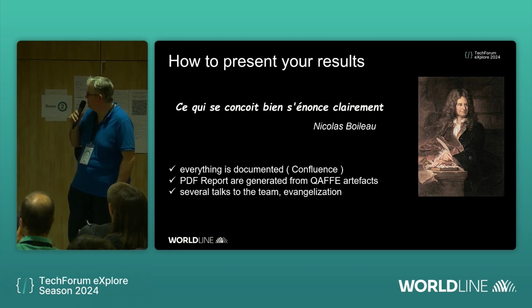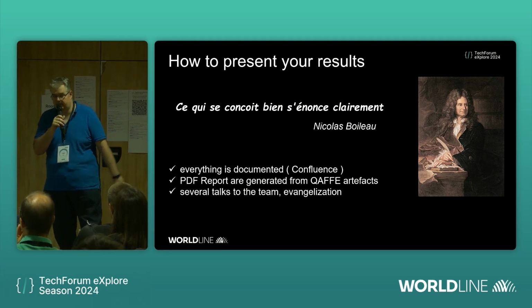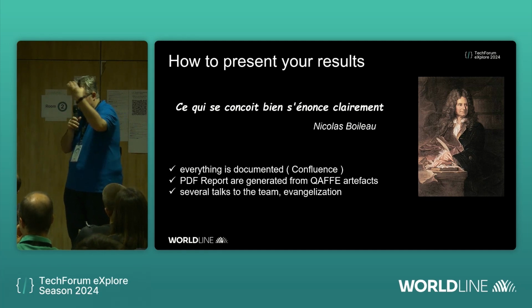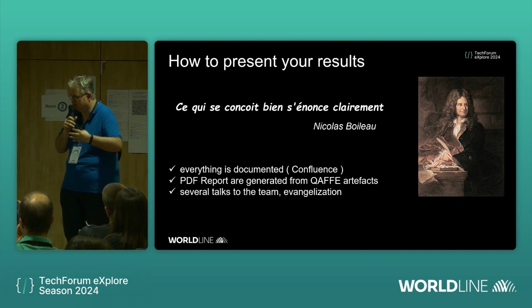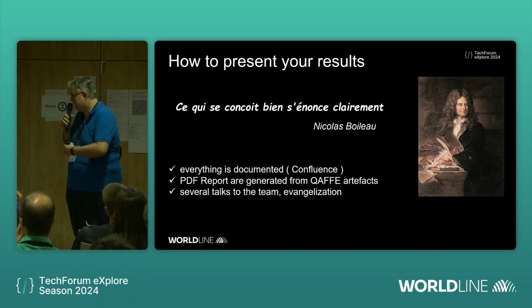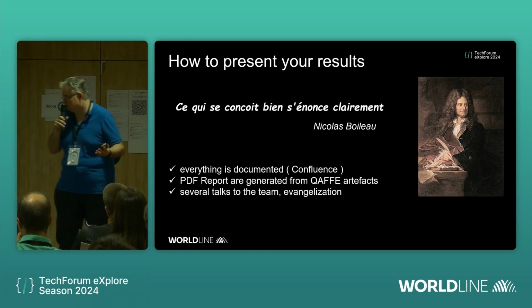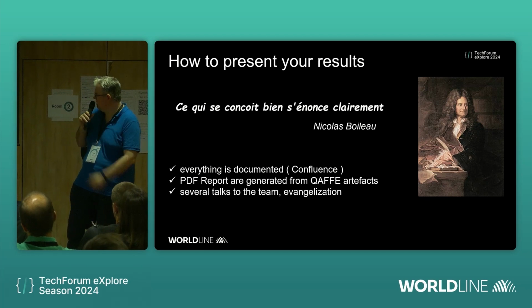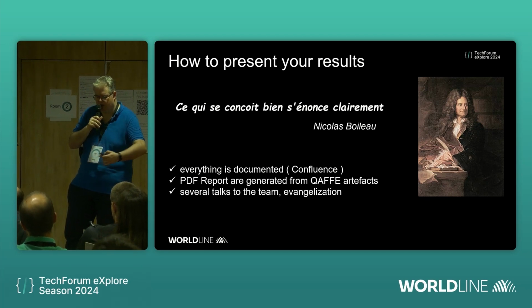And we use a lot of PDF reports that are generated from Cafe Artifact. It's a really fast way to get some results that you can send to someone, and they really understand what was done and what the result was. And last but not least, part of our job is advocacy. So we gave several talks to the team, a bit like what we are doing today. So this is how we handle the result presentation.